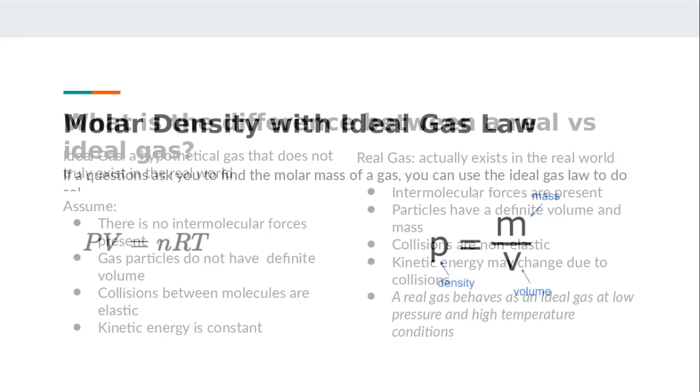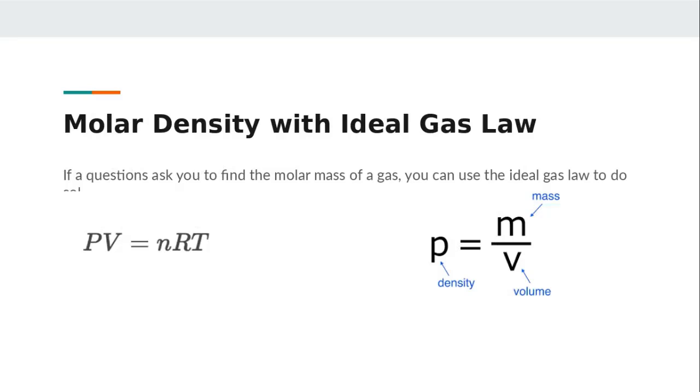Cool. All right. So with our ideal gas laws and just gas laws in general, there are a few types of questions that can be a little tricky to answer. One of those is when you're calculating for density, right?